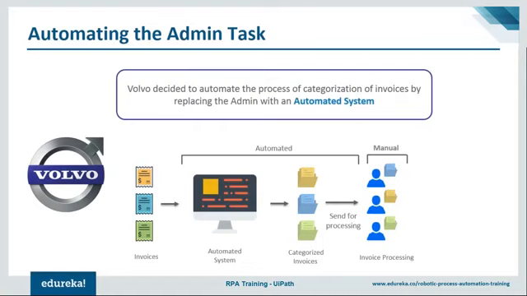So this was good. They installed an automation system which used to categorize the invoices. And now the only manual part which was left was the processing part, wherein they would read the invoices and maybe copy the things which were needed and paste them inside an Excel file. This could be the processing that they were doing, right? So this was still manual because no computer could read an image.